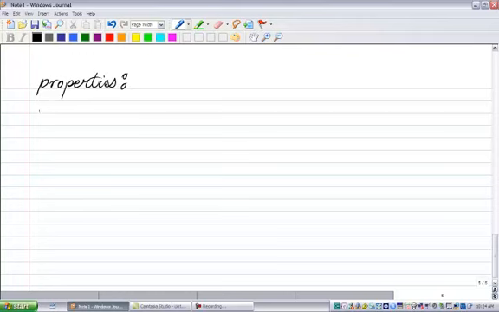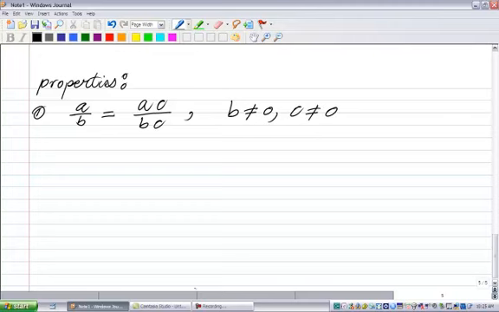The first property is that if I have A divided by B, that's the same fraction as AC divided by BC. Of course, I have to assume that B is not 0, and C is not 0, because I cannot have 0 in the denominator, right? So what this is saying is that A over B is the same as AC over BC.